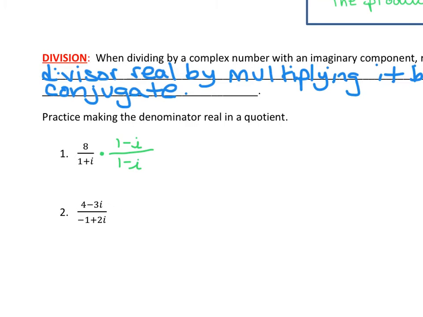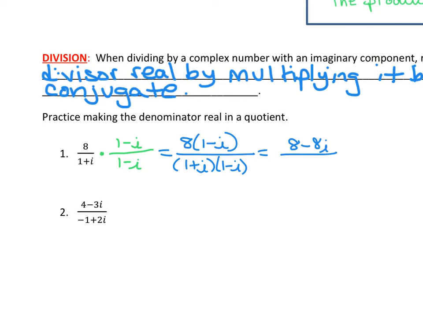So when I do that, I've got on the top 8 times 1 minus i, and on the bottom I have 1 plus i times 1 minus i. And we know the product of complex conjugates is real. So on the top, I have 8 minus 8i. On the bottom, I have 1 times 1 is 1. 1 times negative i is negative i.